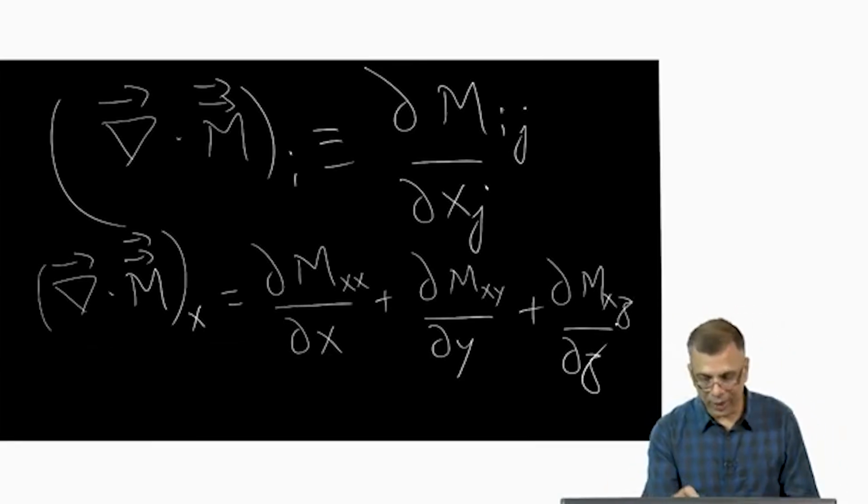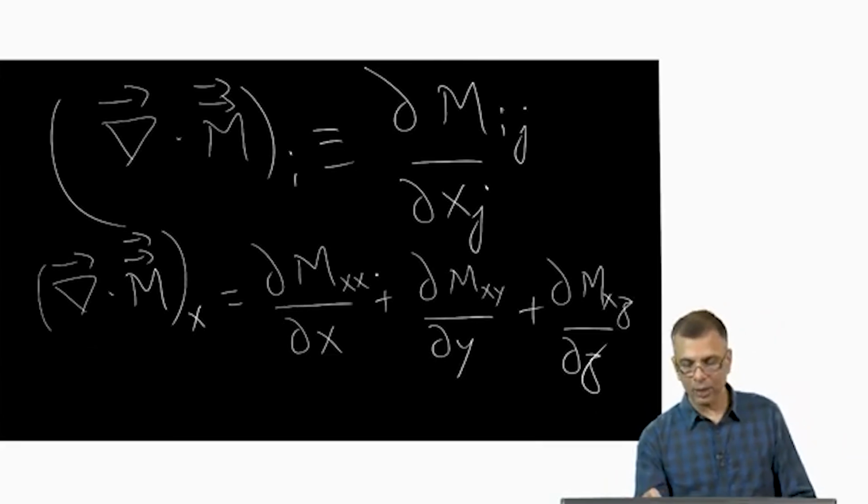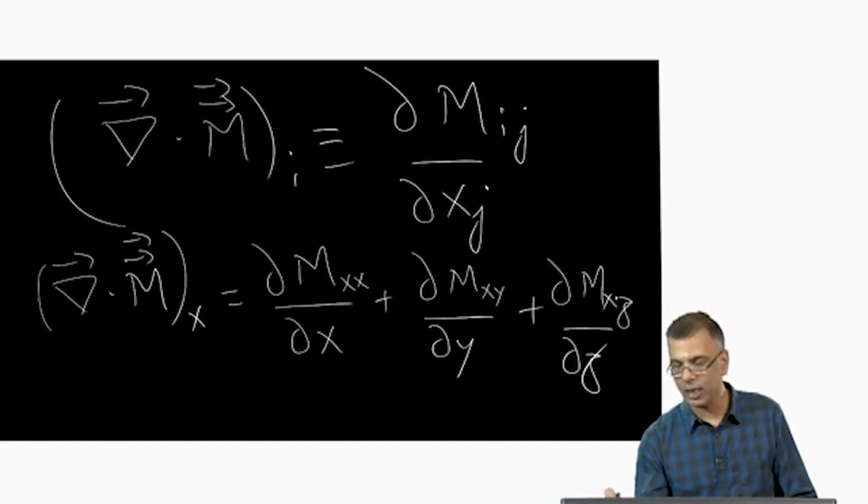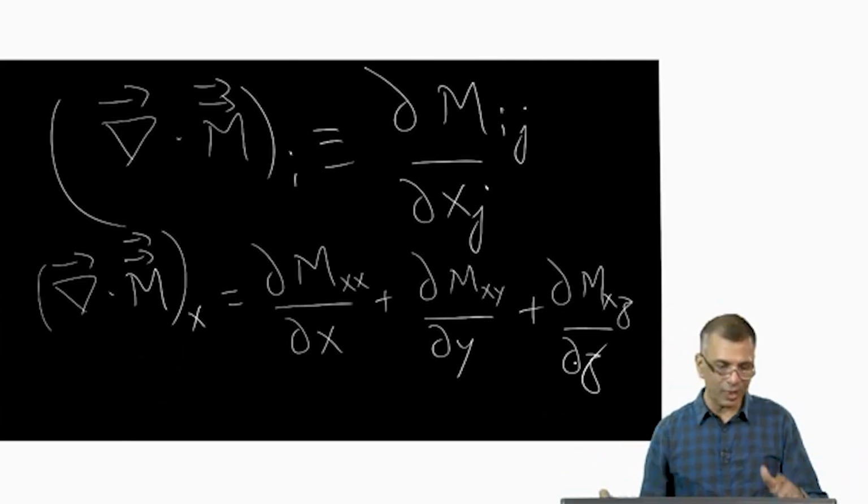And the y component would be, well, it's just the second index that sums. So the yth component in that case, the first index would now be y. So, you would have dm yx dx plus dm yy dy plus dm yz dz. That is how it goes. So, that is all, right.